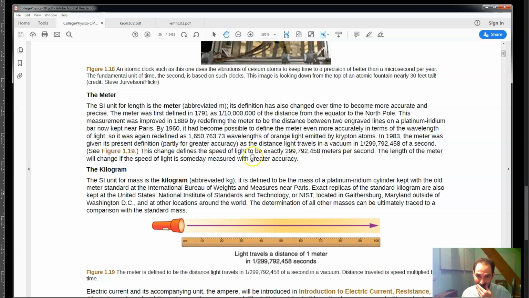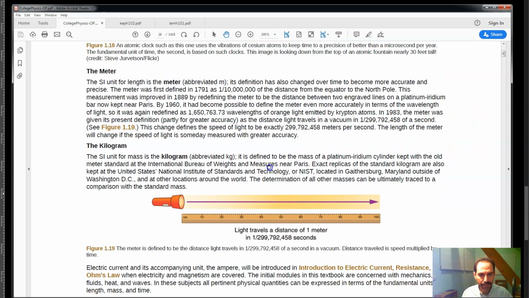So of course this is based on the speed of light. Basically this change defines the speed of light to be so many meters per second.